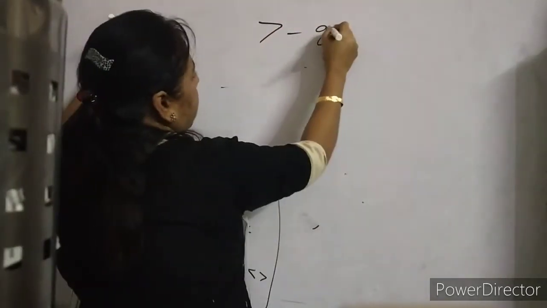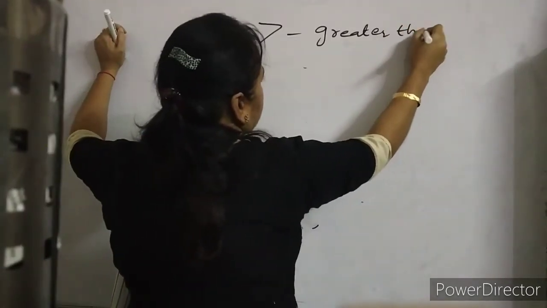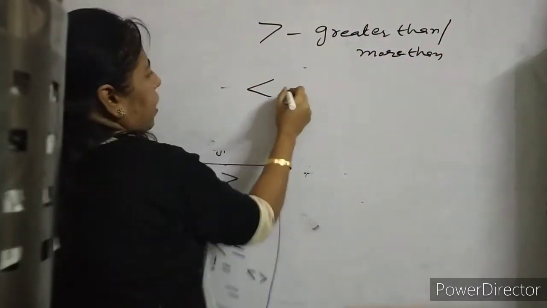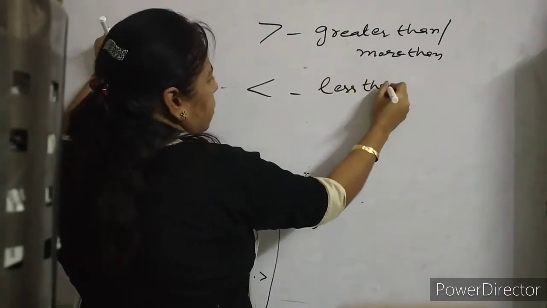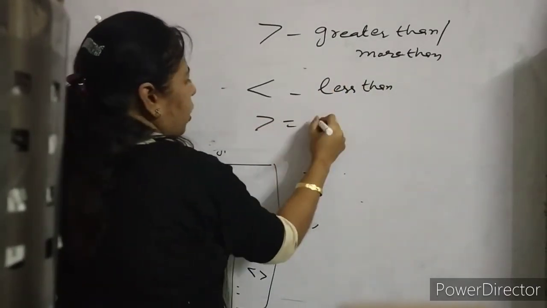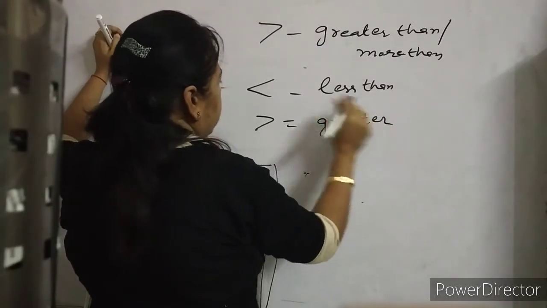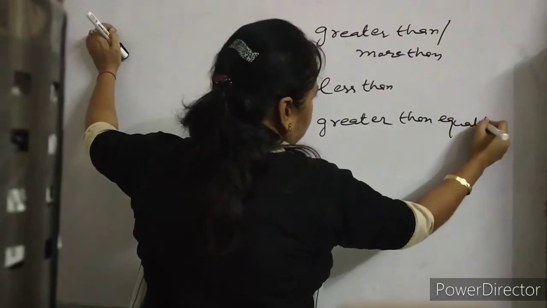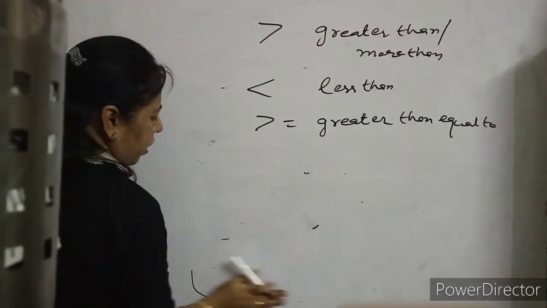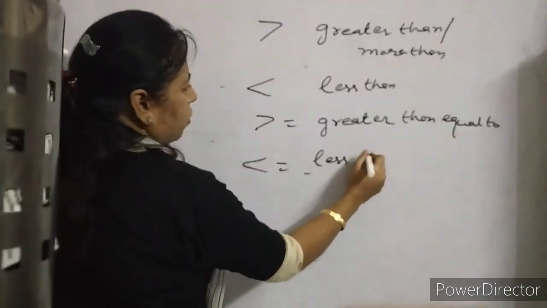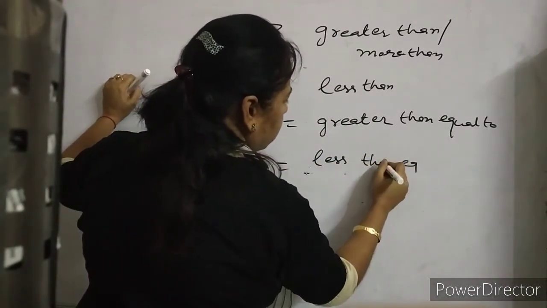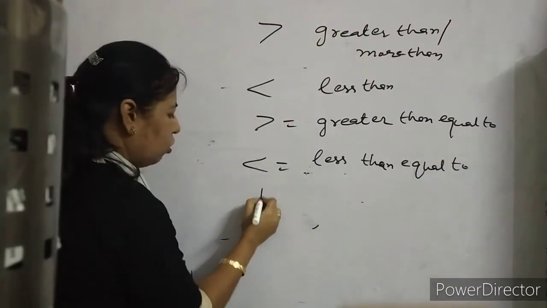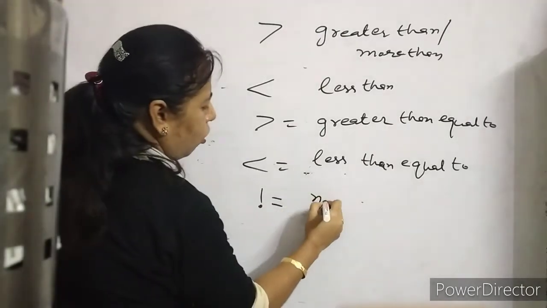Greater than, write here the name of the operator, greater than, or you can say more than, then less than, greater than equal to, and less than equal to, then not equal to.